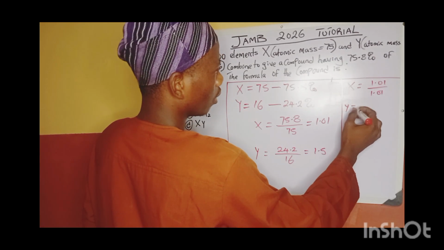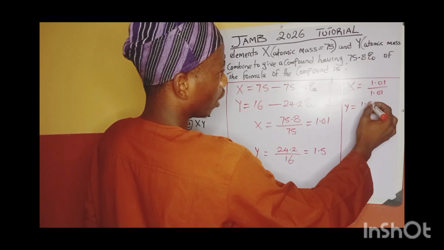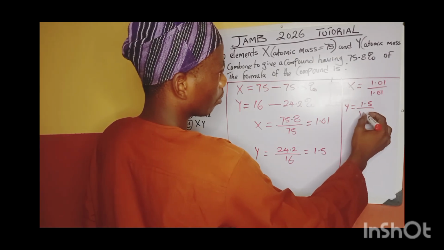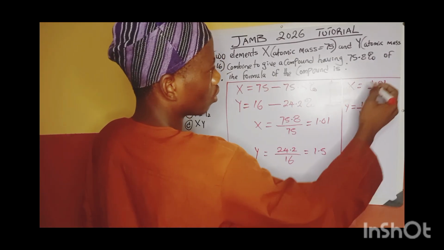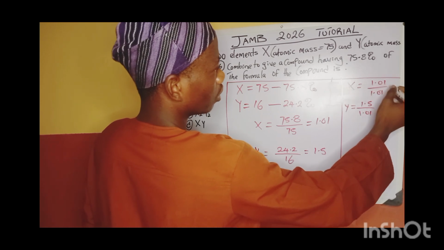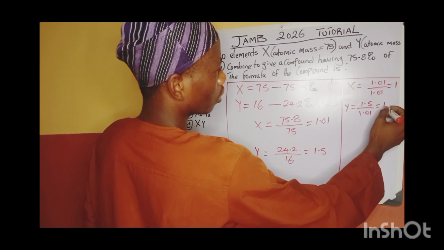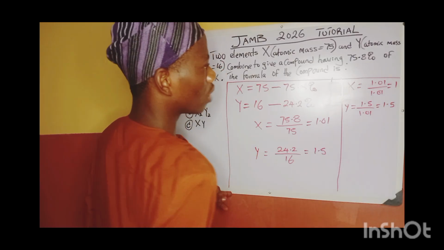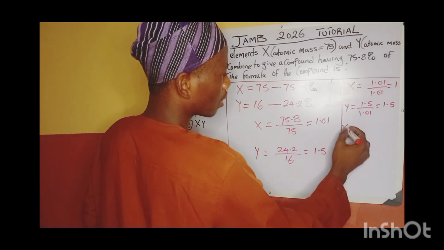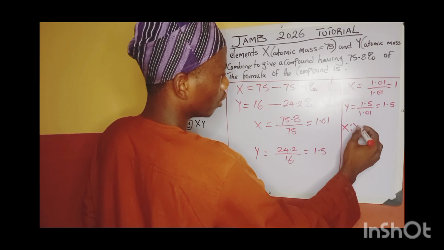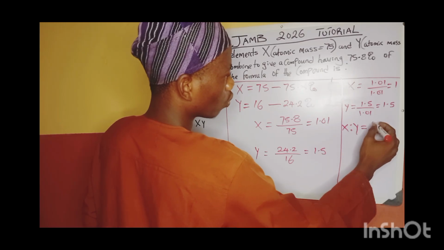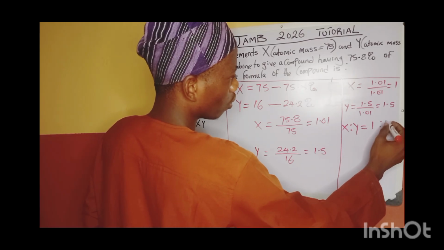For Y, you'll have 1.5 divided by 1.01, which will still give you 1.5.